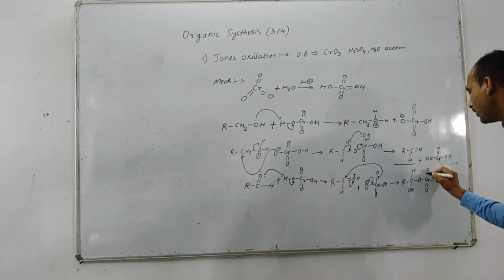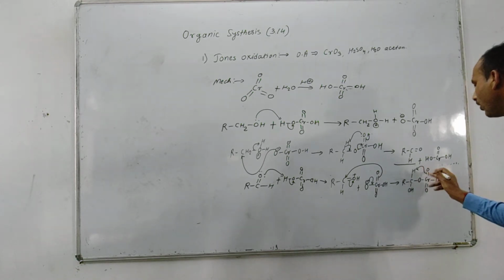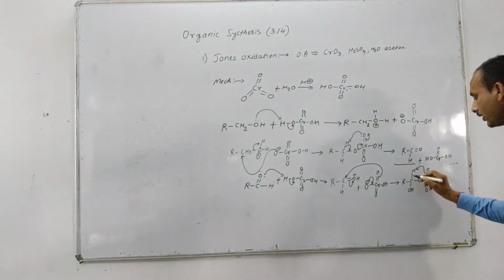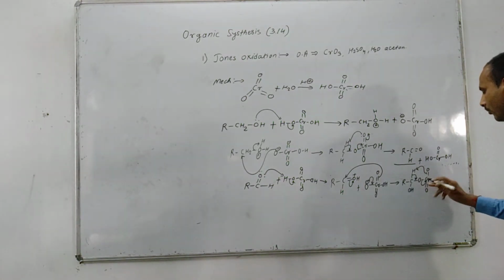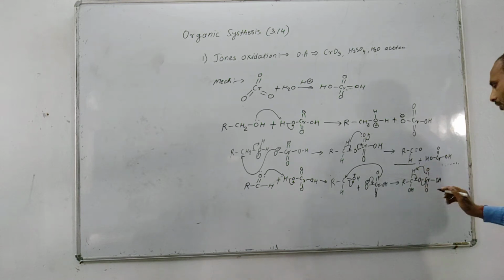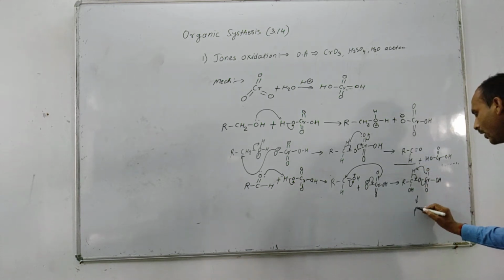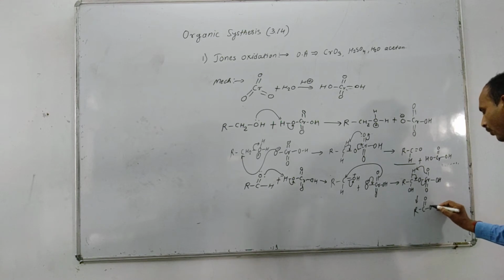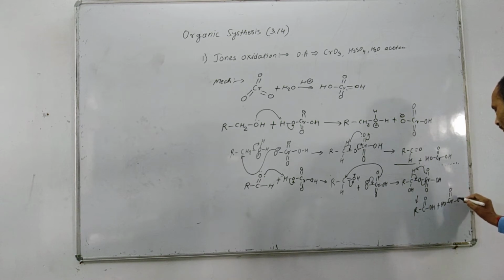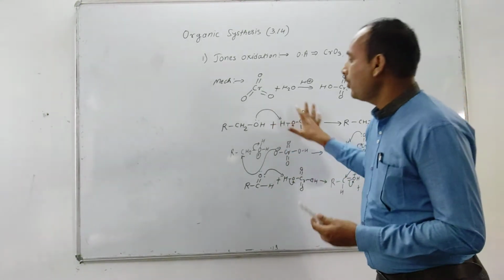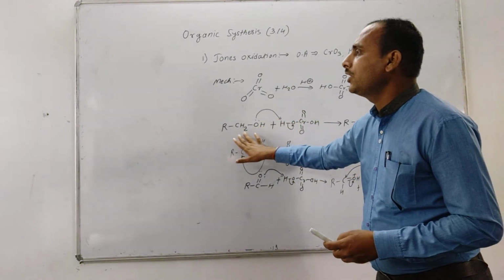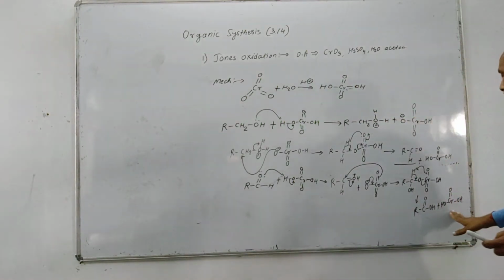Now again the lone pair of oxygen takes the proton, then this sigma bond shifts here, and there is again bond shifting on the chromium. So there is formation of again RC double bond O OH plus HO-Cr double bond OH. Now this is the mechanism for the formation of carboxylic acid from primary alcohol.